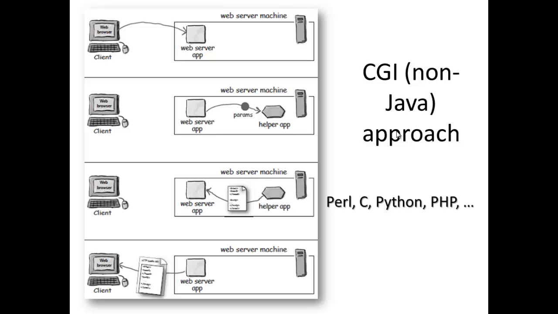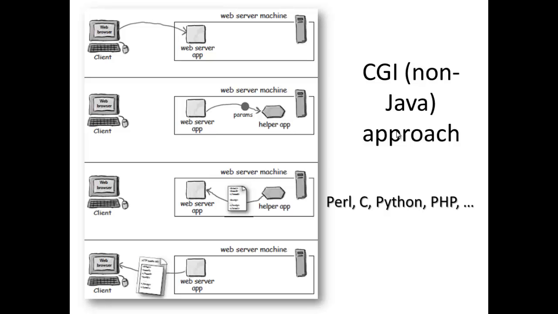Inside this box, you may fire up applications, you may create content, and you may add things to the content. Therefore, here it comes, it goes to the web server. The web server creates an entity that contains the parameter, goes to the helper application, the one that gives the time in the previous example.